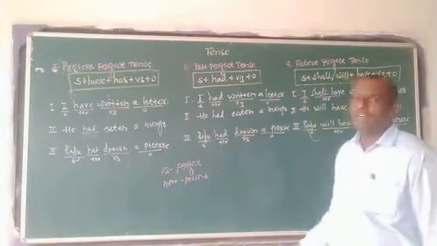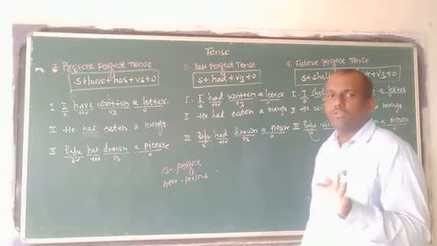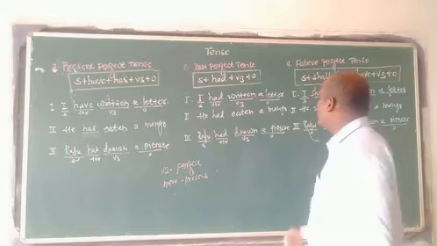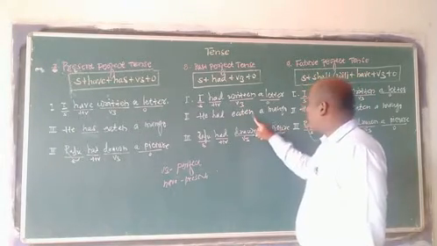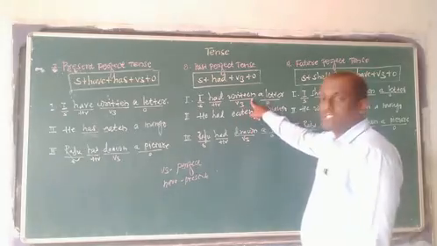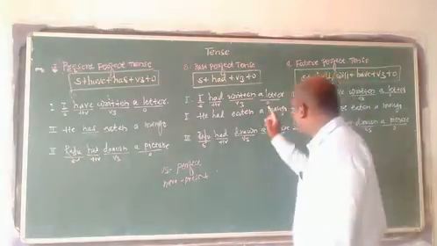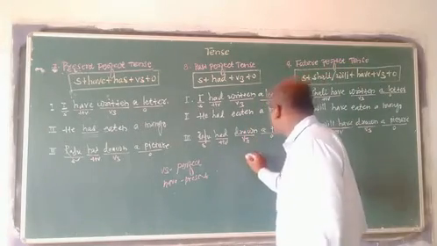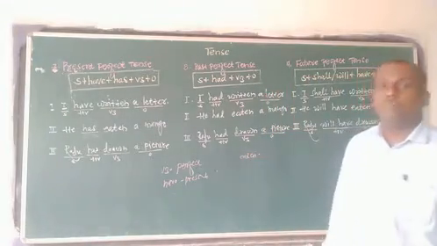So how to identify? What type of formula we have to use here? Look for the main verb. Then what is the main verb? The main verb is drawn, eaten, written. That is the main verb in the sentence. What is the main verb? That is eaten, E-A-T-E-N. What is the form of the main verb?